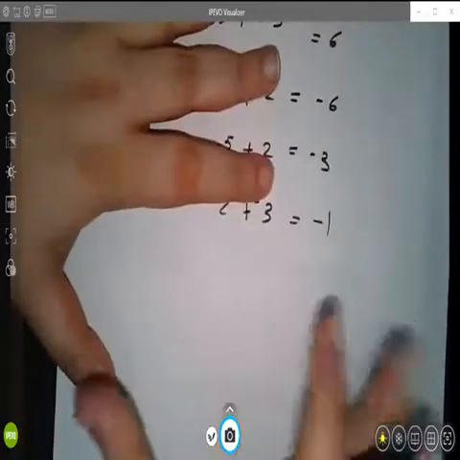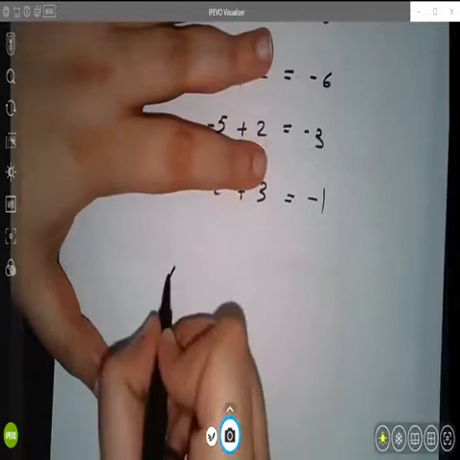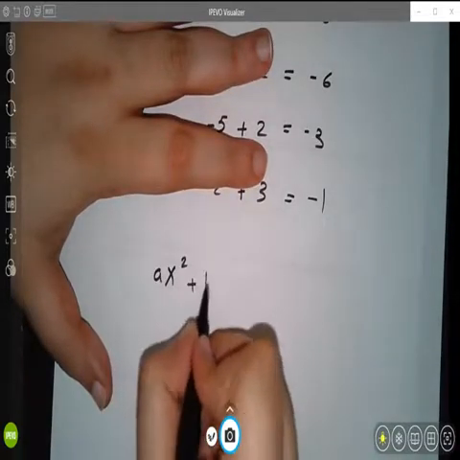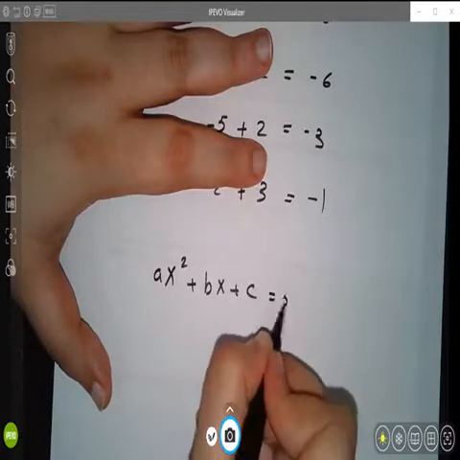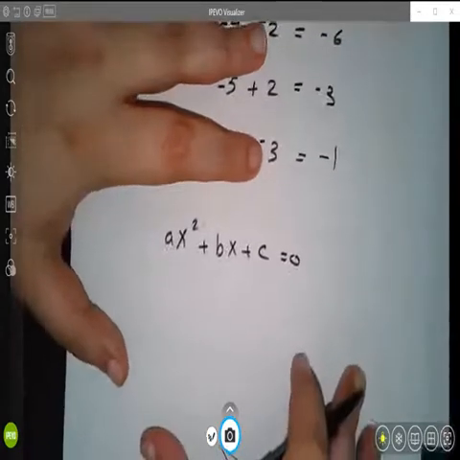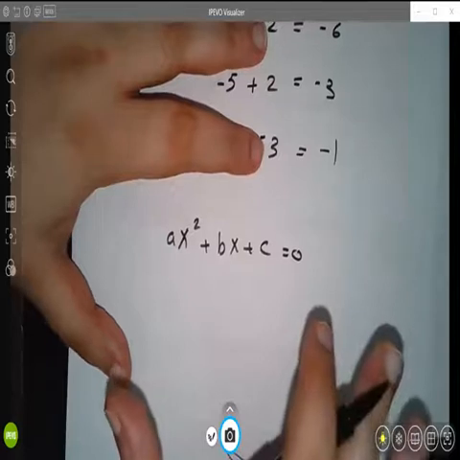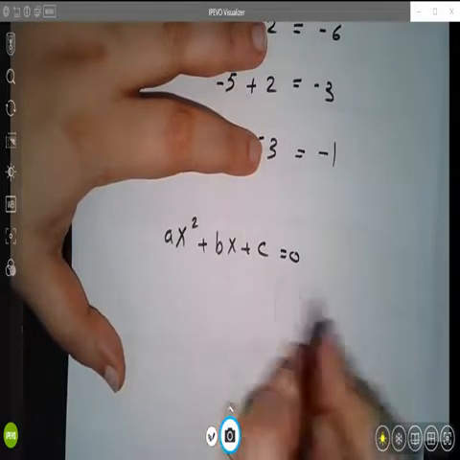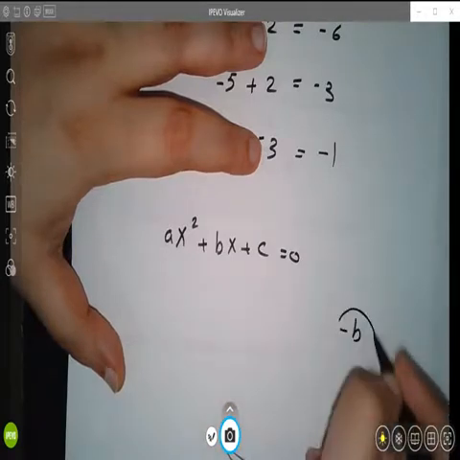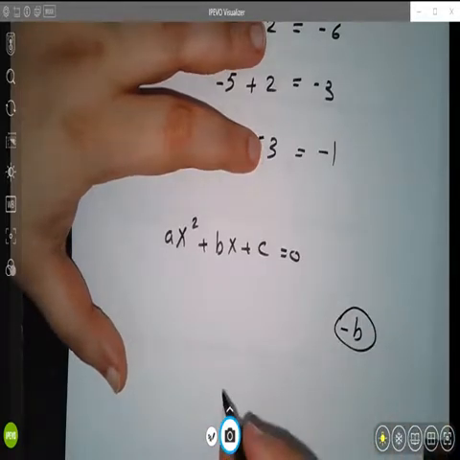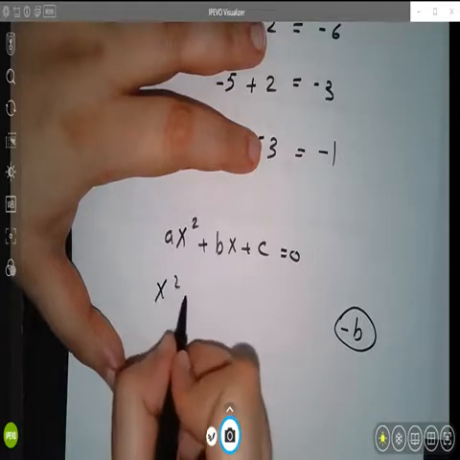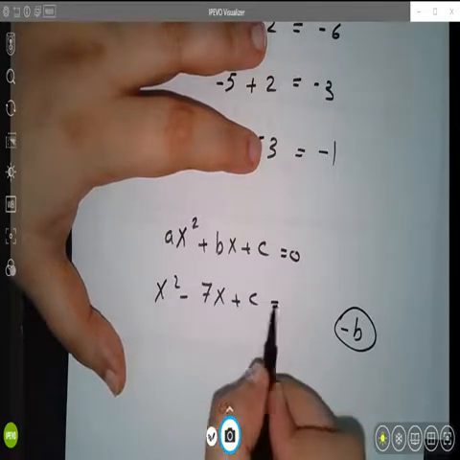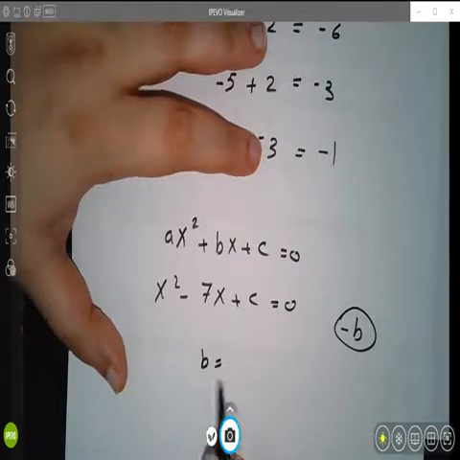And the same rule kind of applies to equations. If you remember when we talked about quadratics, we had ax squared plus bx plus c equals 0. This is the standard quadratic form. So when we used to say in the quadratic formula that we use -b, if I gave you x squared minus 7x plus c equals 0, what's my b in this case?